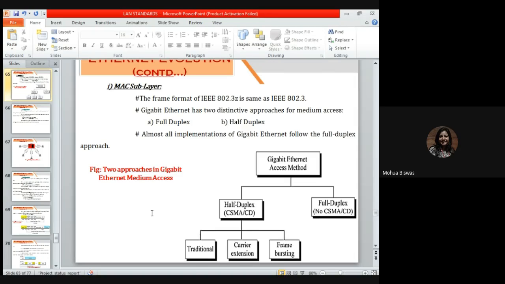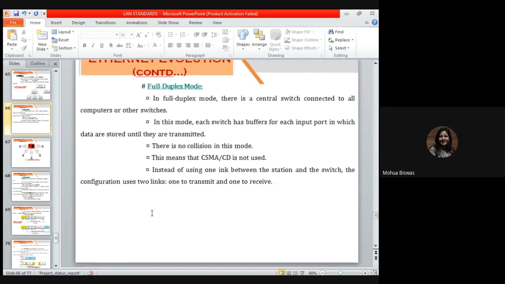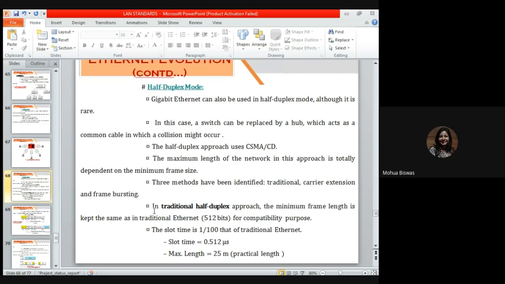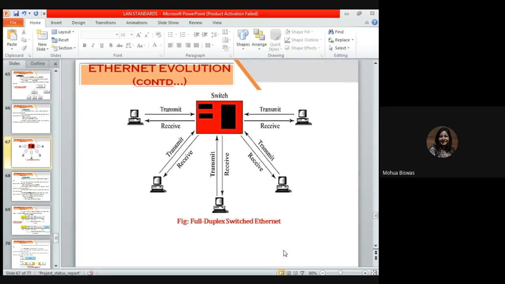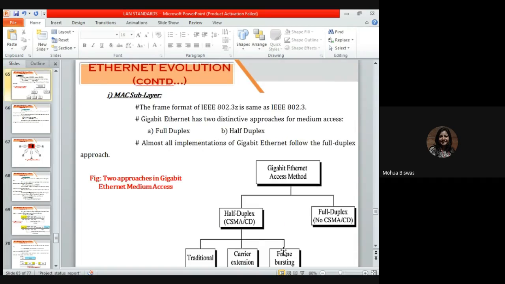But in Gigabit Ethernet, the slot time is different. Traditional Ethernet is 1 megabit, but Gigabit Ethernet is 1000 megabit. Because of that, it detects the collision earlier.